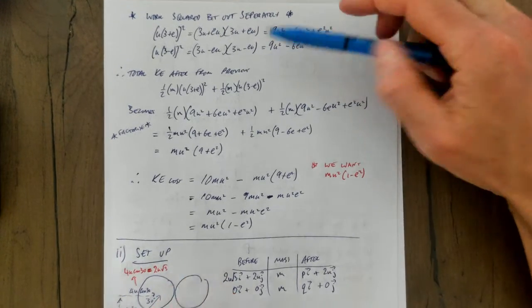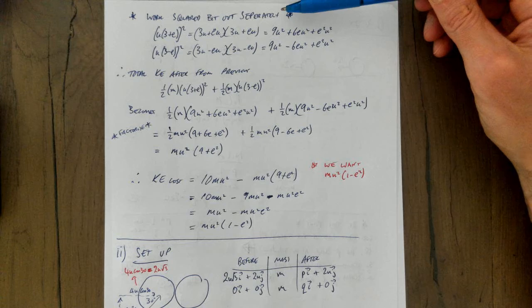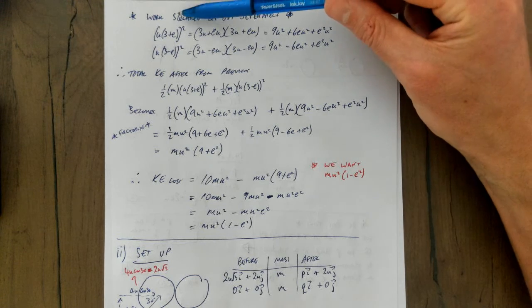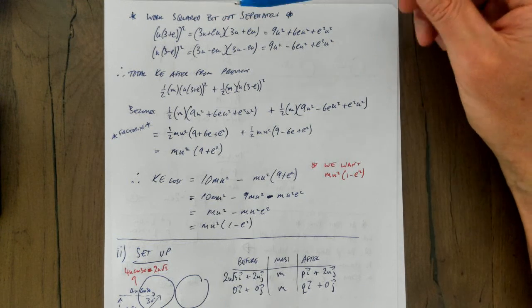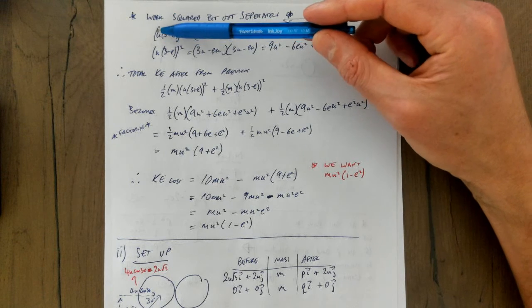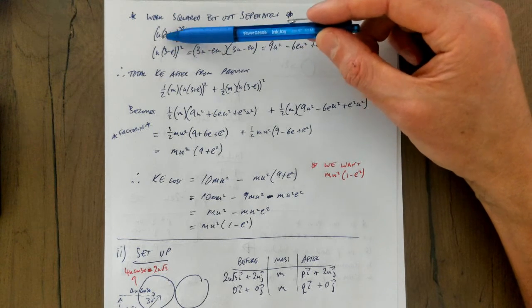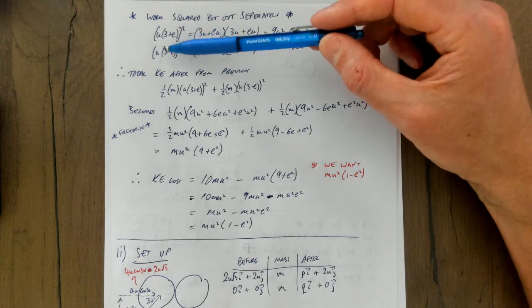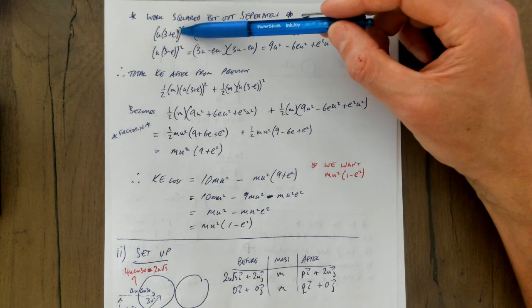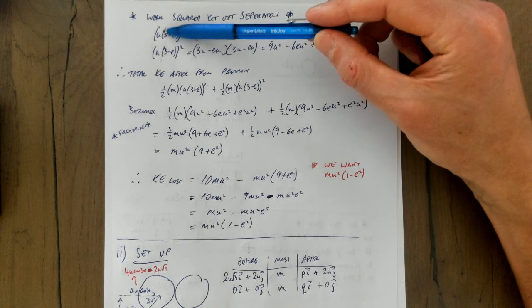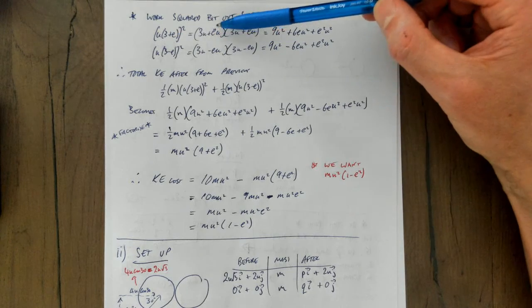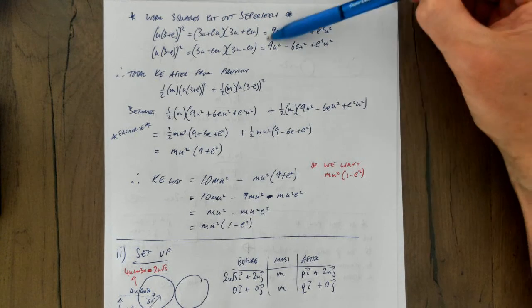This is what I do. It doesn't mean you have to do this, but this is what I recommend: work the squared bit out separately. So it's half mP and half mQ, or whichever way around they are, right? So if I multiply this out, that's 3u and 3e, multiply it twice, we end up with this and this, right?